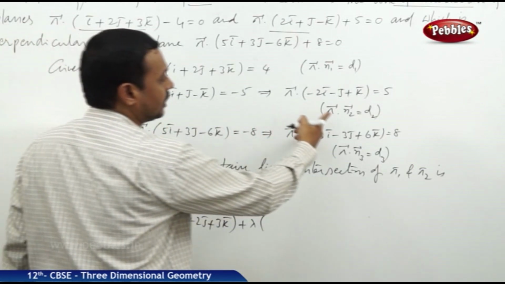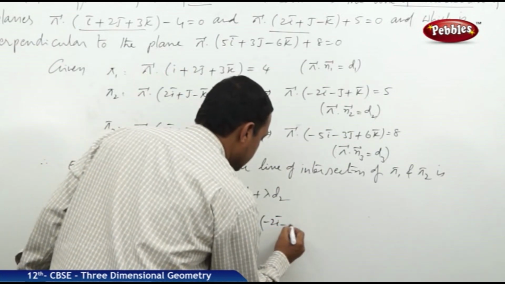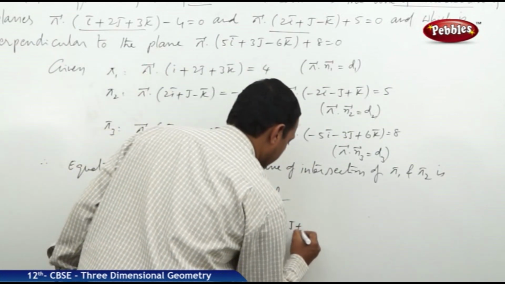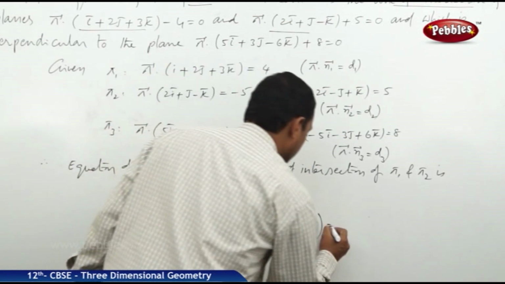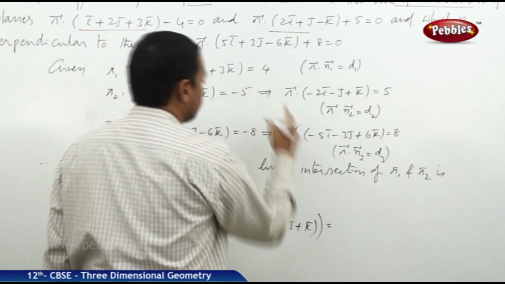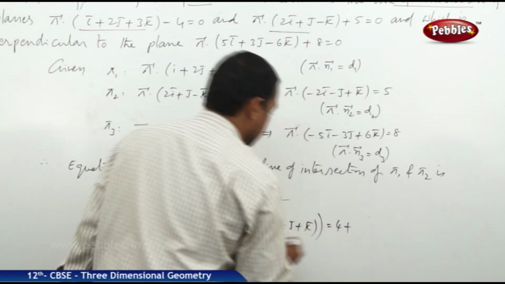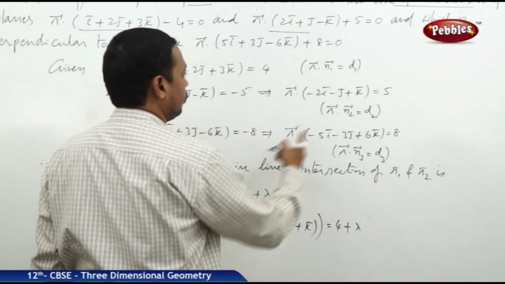What is the n2 vector here? Minus 2i minus j plus k is equal to d1, that is 4, plus lambda into d2 is equal to 5.